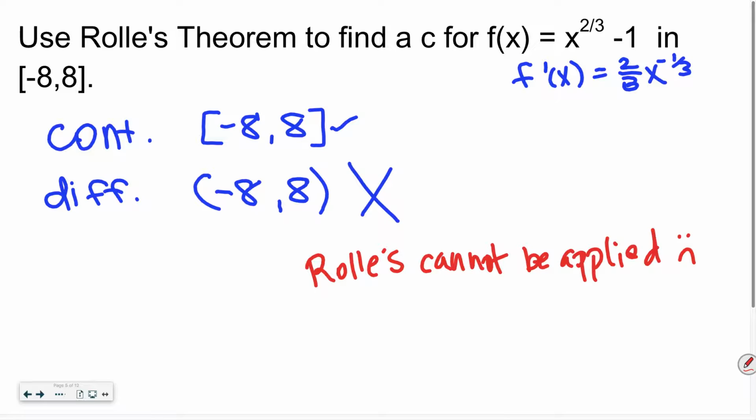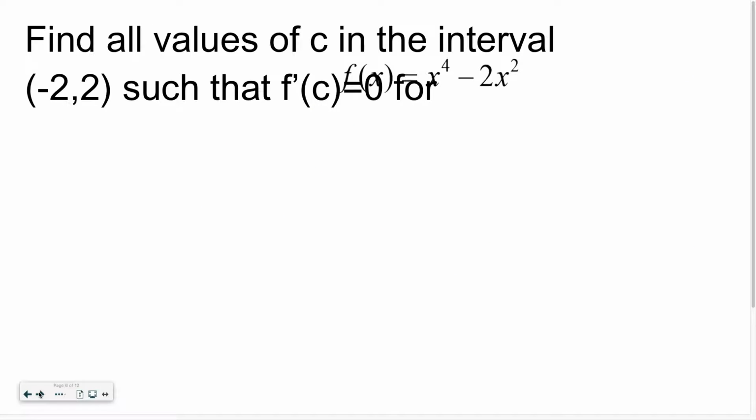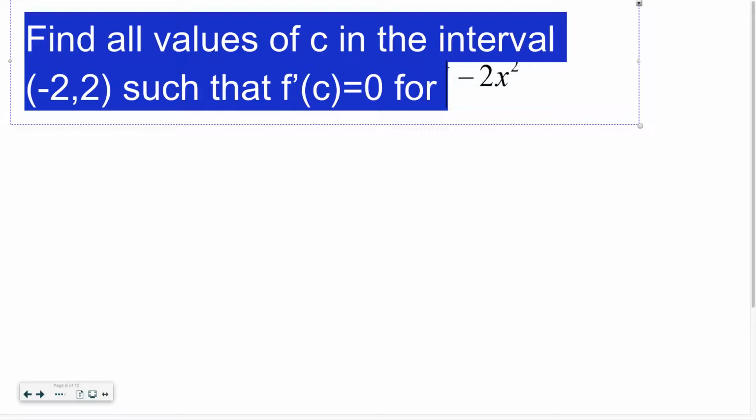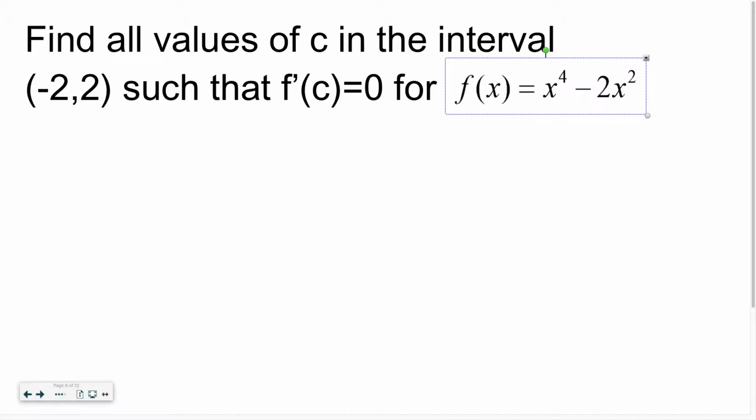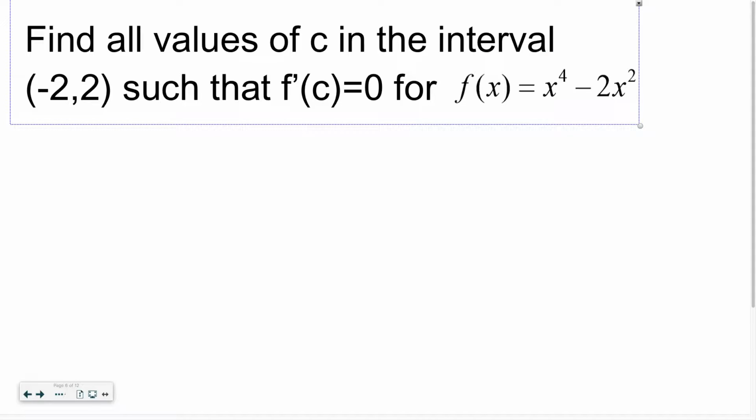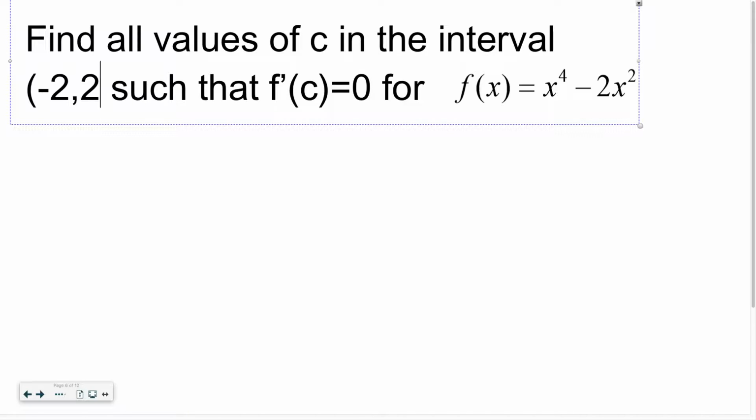Okay, I am going to give you an example that I want you and your pod to work through. However, that needs to be a bracket. I typed it in backwards here.